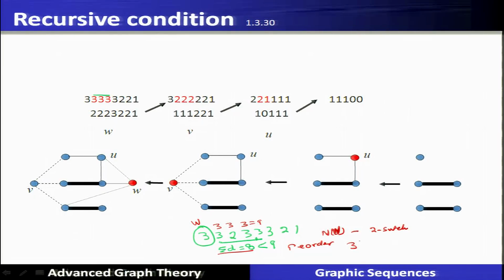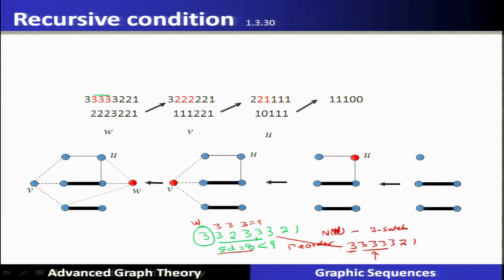After this reordering, it will become 3, 3, 3, 3, 3, 2, 1. Then this 3 will have its 3 neighbors in non-increasing order of degree. Here it is violating the non-increasing order of the degree.